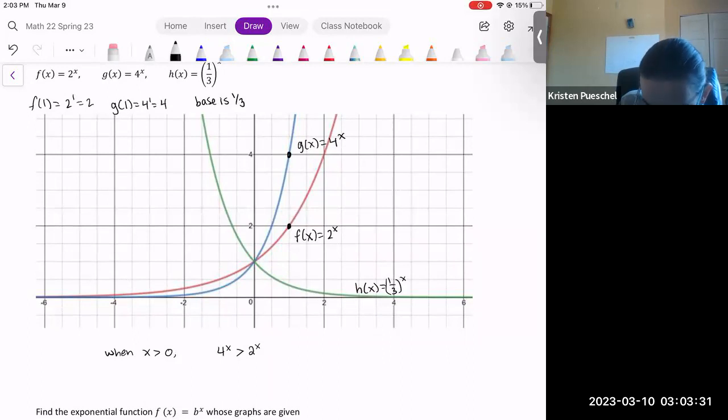Notice when x is less than 0, which function has bigger values is going to swap. The red curve now has smaller values, and the blue one has, sorry, I said that backwards. The red curve has bigger values, the blue curve has smaller values. So when x is less than 0, then we'll see that 2 to the x is bigger than 4 to the x.